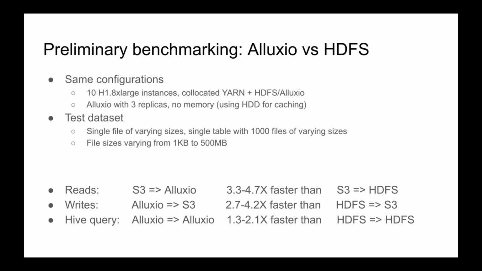So if the query is reading data from Alluxio and writing data to Alluxio, it's a couple of times faster than reading data from HDFS and writing data to HDFS. So as you can see, in general, after we replace HDFS with Alluxio in the Hadoop stack, the performance can be several times faster.